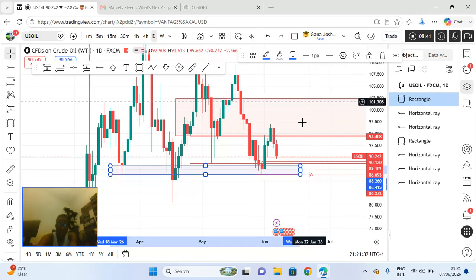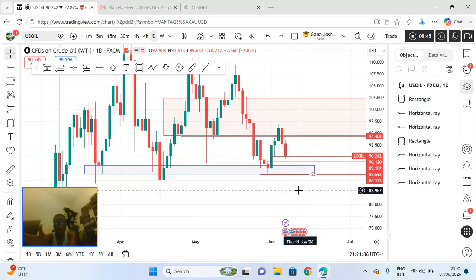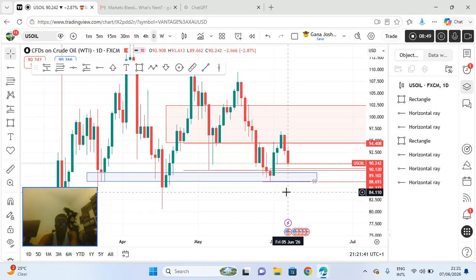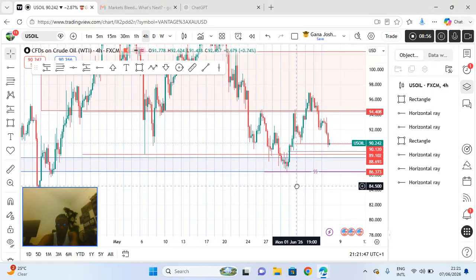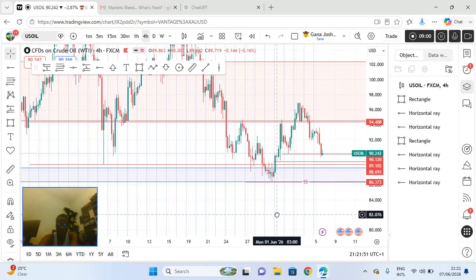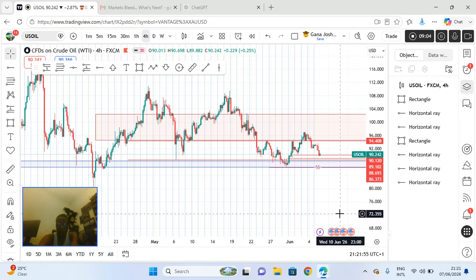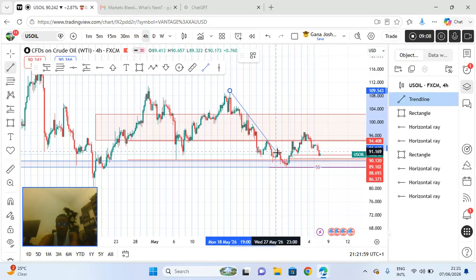But oil has a whole lot to do with what the US and Iran are doing right now. All of a sudden price was, I knew it was a retest. I'm seeing a bullish opening on oil.